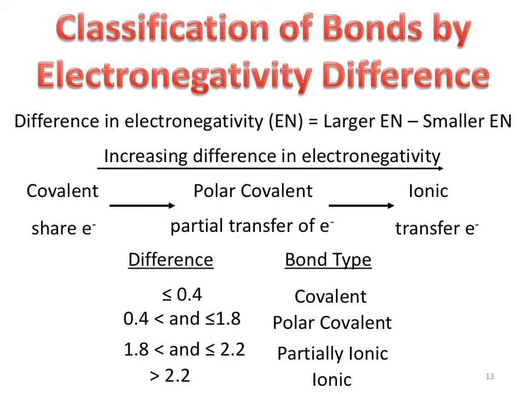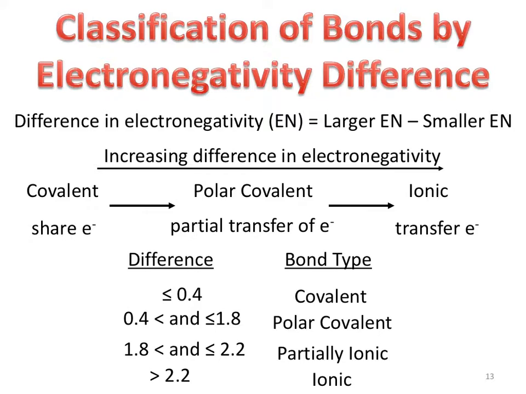We would be classifying bonds between atoms based upon their electronegativity difference. The calculation is taking the larger electronegativity and subtracting the smaller electronegativity. If you get a negative number, just take the absolute value of that number and compare it to this chart.